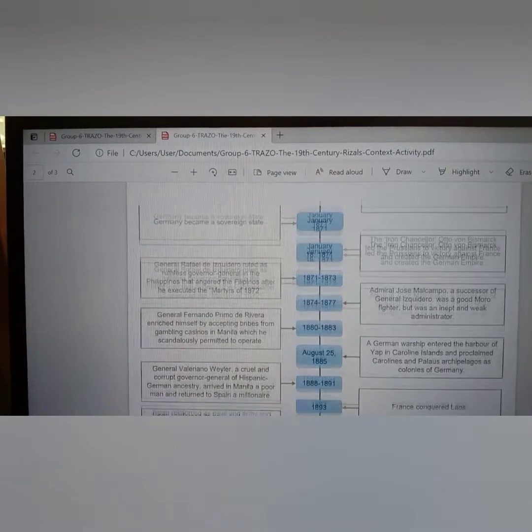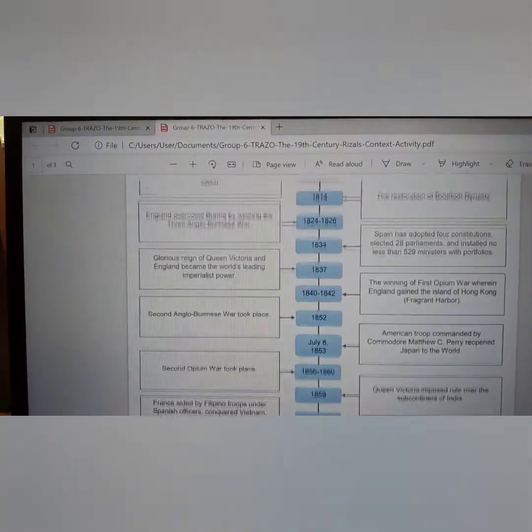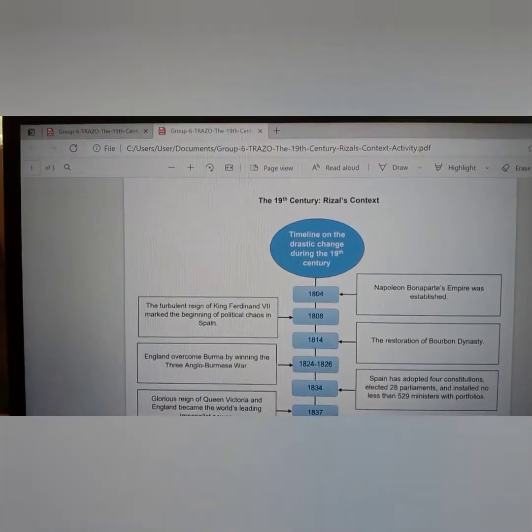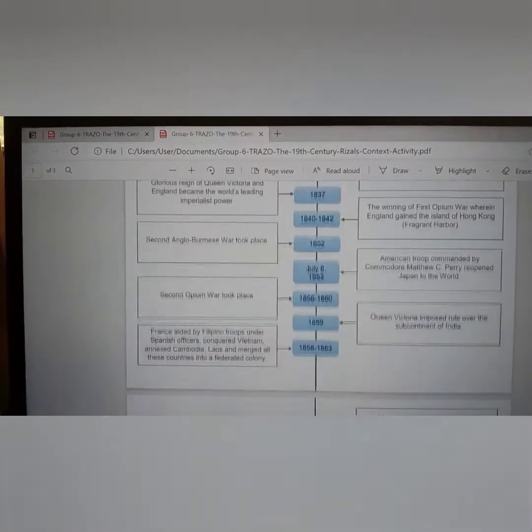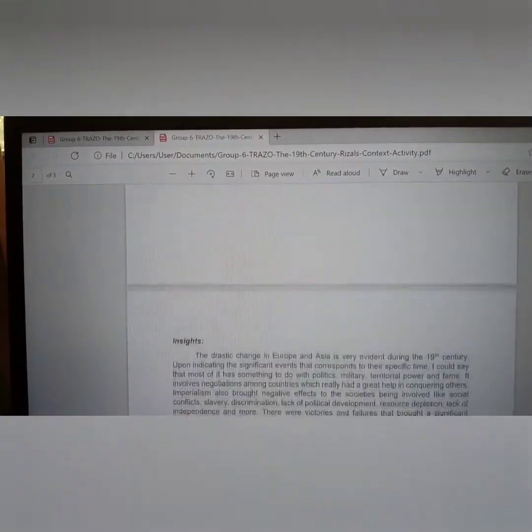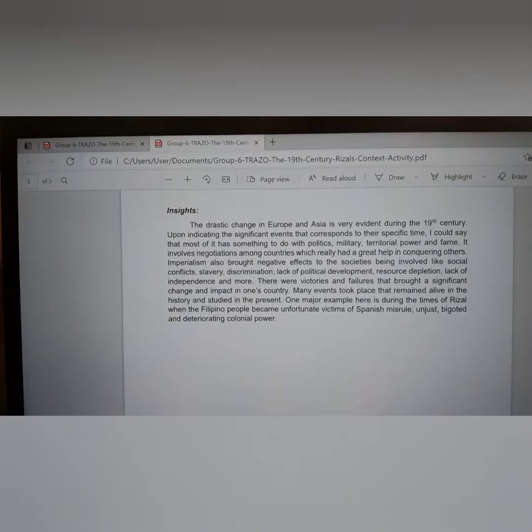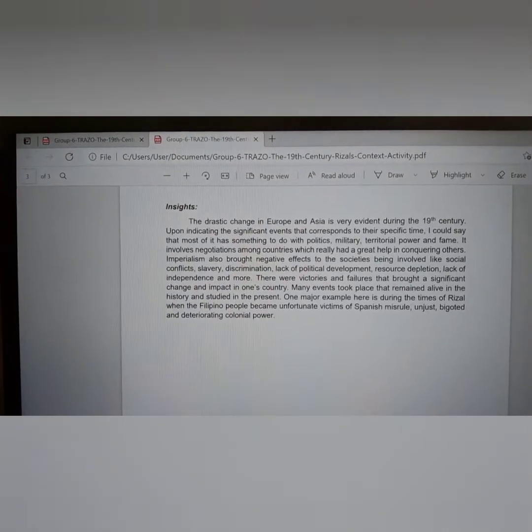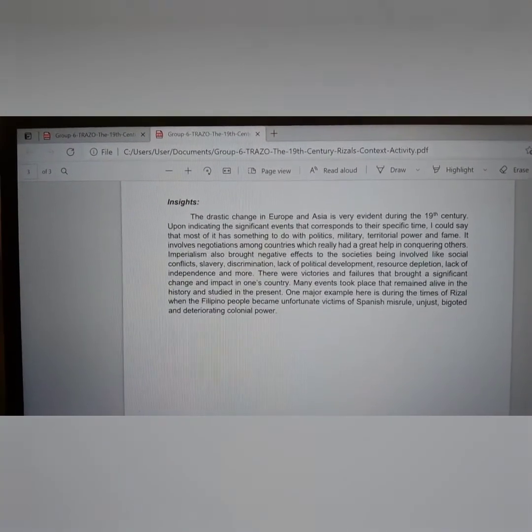Very nice, very clean, simple yet clean, with coherence in her output. And she did not forget to include her insights. So good job, Miss Trazo.